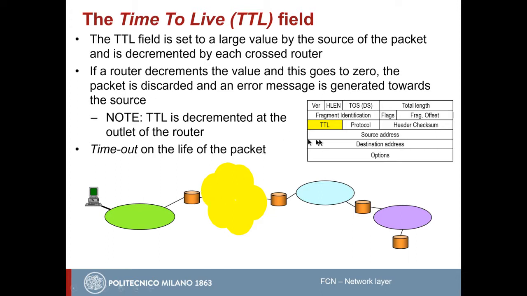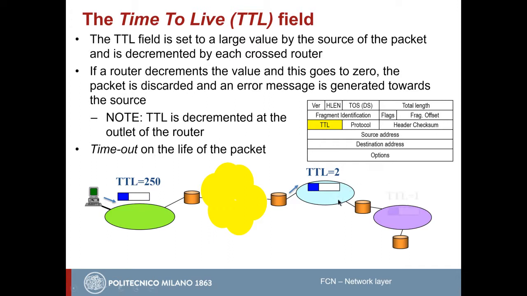When this field arrives at 0, the packet is discarded. For example, here the time to live is initially set to 250, then it is forwarded through a certain number of routers, and here we find the same packet with a time to live equal to 2. This means that it was managed 248 times before this step here.